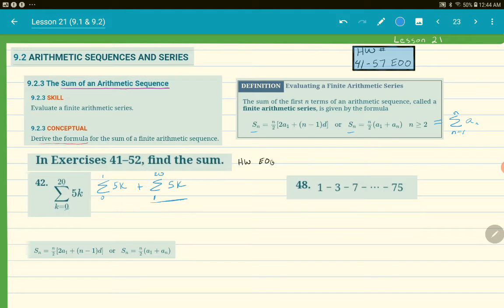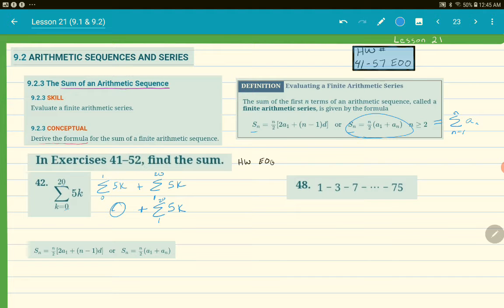This guy I can get from here, and then this one I have to get on my own. So if I plug in a 0 for k, I get 5 times 0, which is 0. So that's actually 0, and then adding the partial sum from 1 to 20 of 5k.